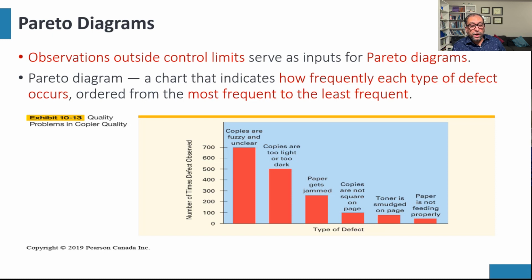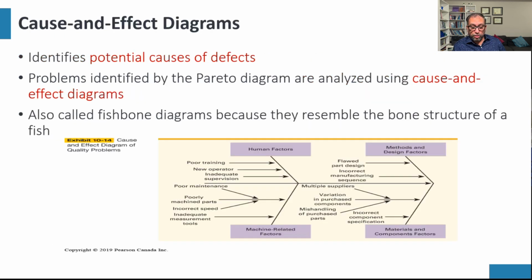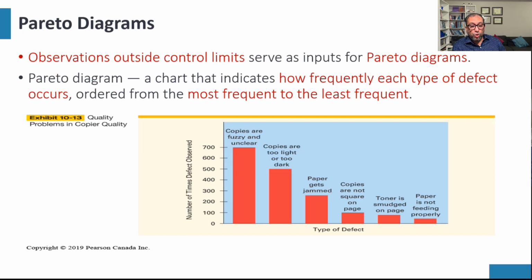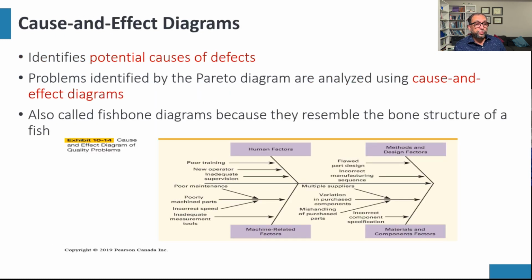Copies are fuzzy and unclear. Copies are too light or too dark. Paper gets jammed. Copies are not square on the page. Toner is smudged on the page and paper is not feeding properly. That's going to help the department see which problem exists more frequently. So this data and the Pareto diagram help them figure that out.